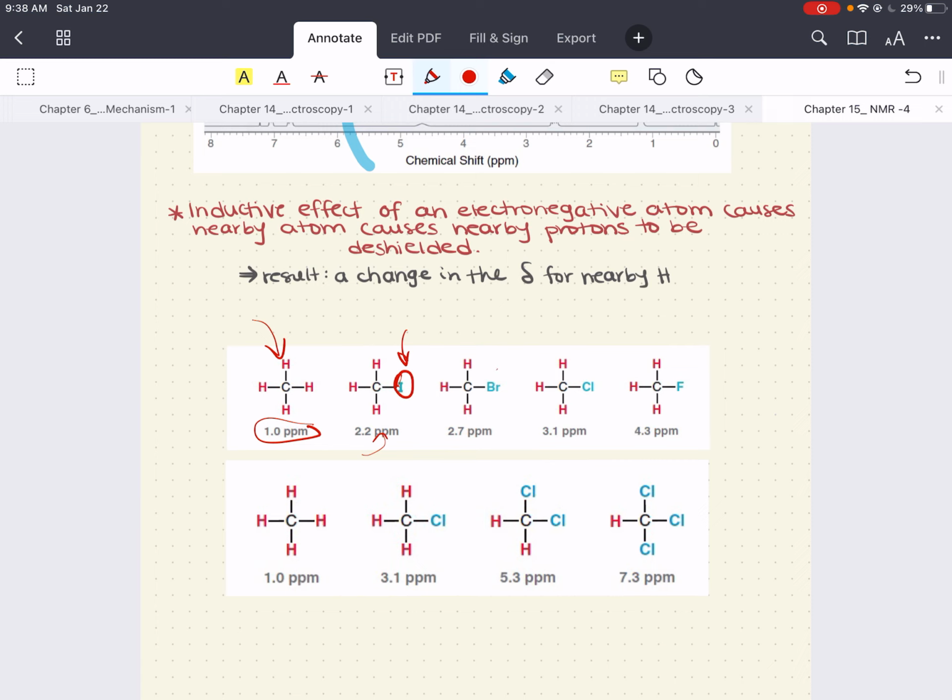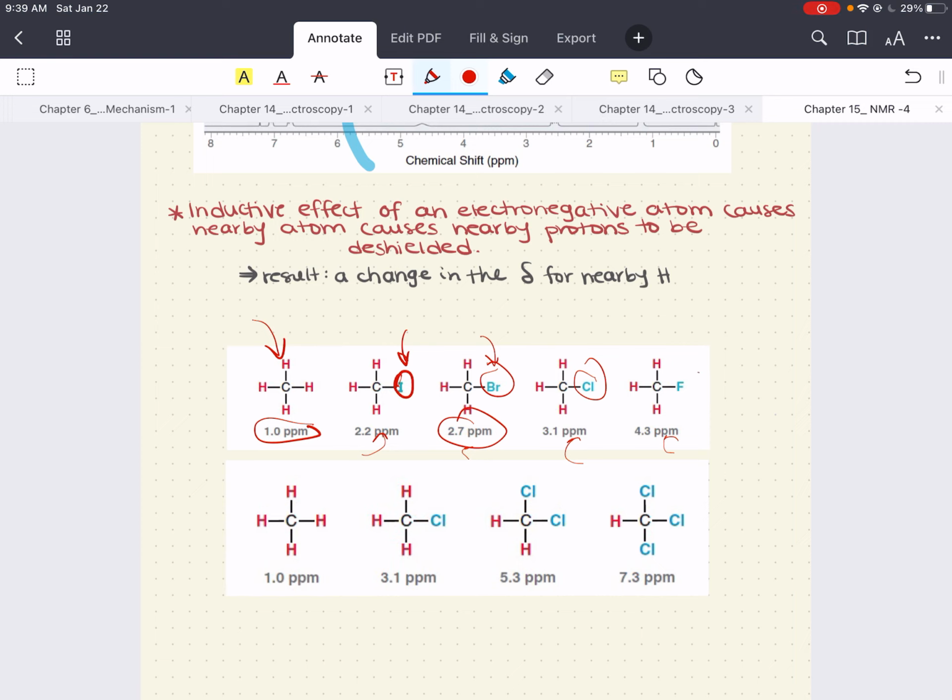Bromine also is going to cause an inductive effect. Look at that, your methane is no longer at 1.0 ppm. Because of this single bromine that we've implemented, you're going to see the signal at 2.7 ppm. Chlorine has the same effect.